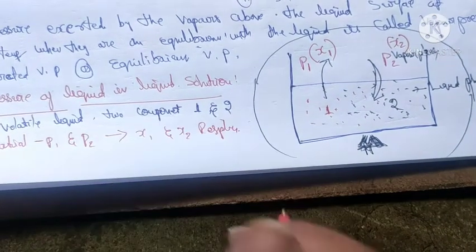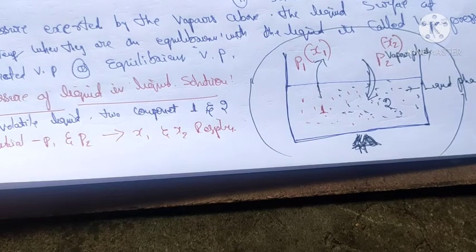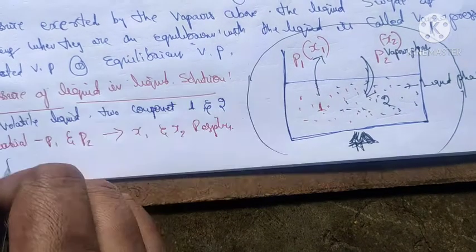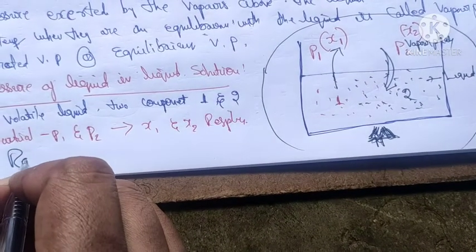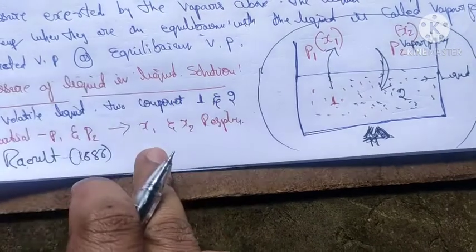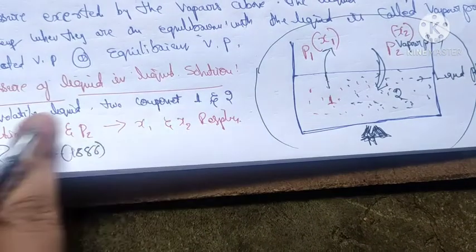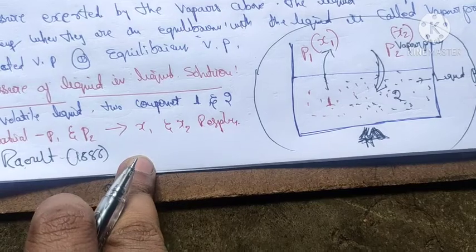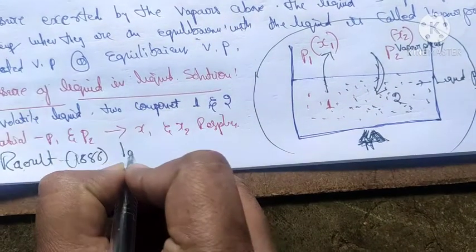So the French chemist Raoult, in 1886, gave a quantitative relationship between them. The relationship is called Raoult's law.